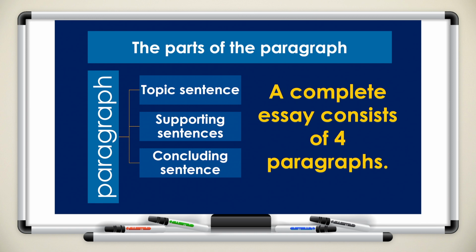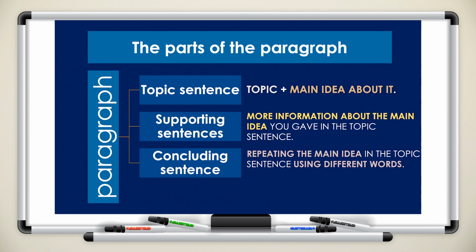Okay? You may ask, what is the topic sentence? What are the supporting sentences? And what is the concluding sentence? The topic sentence is basically mentioning the topic and the main idea about it. And then following the topic sentence are the supporting sentences.